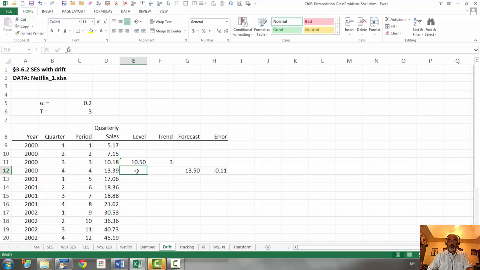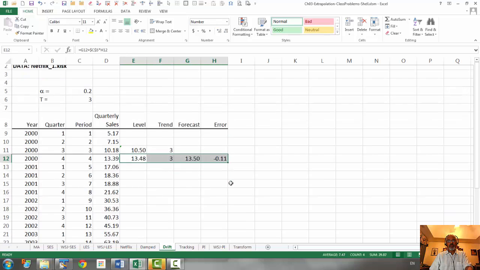Then our level then is forecast plus alpha times the error. Our trend remains the same. There is no change, okay, because that's the constant drift model.